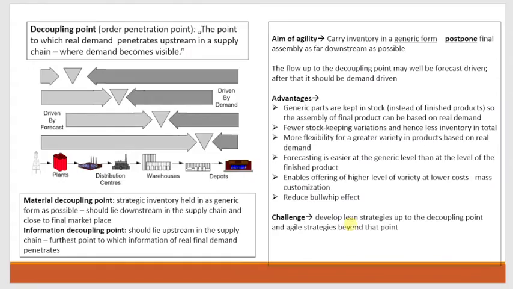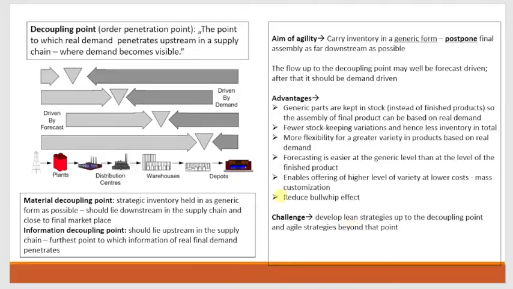Another important concept is the decoupling point, also called order penetration point, which is the point to which real demand penetrates upstream in a supply chain, or in simple words, it's basically where the demand becomes visible. And the further up the demand becomes visible, the easier it is for us to forecast, of course, and adapt our strategy and our stock to the real market demand.